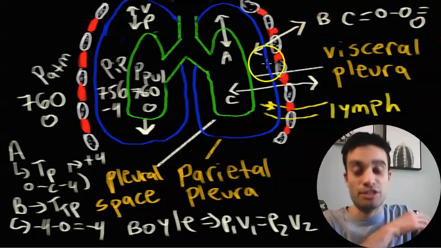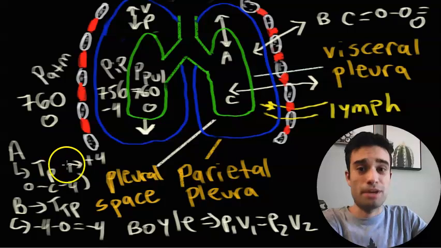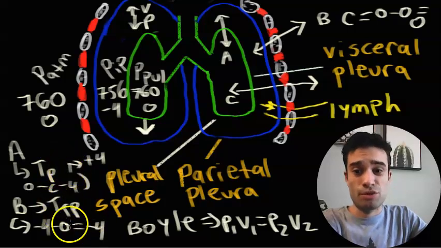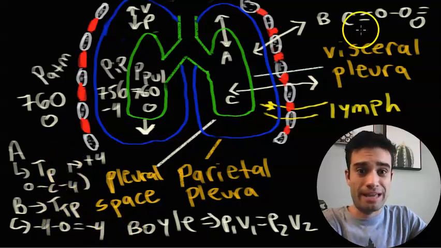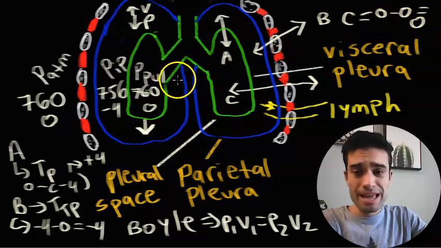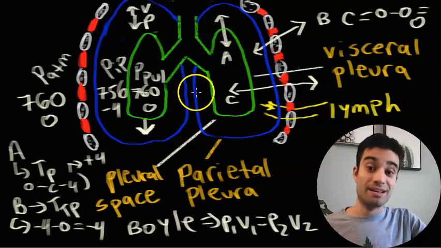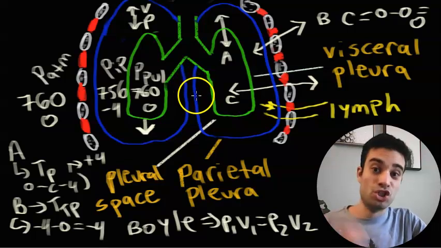So these are the pressures that you can be asked about. At rest, the transpulmonary pressure is +4, the transthoracic is -4, and the transrespiratory is 0. As we'll see later, when we breathe in and out, the pressures will change.